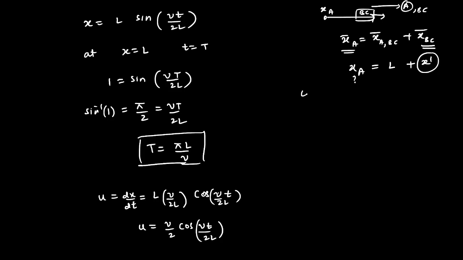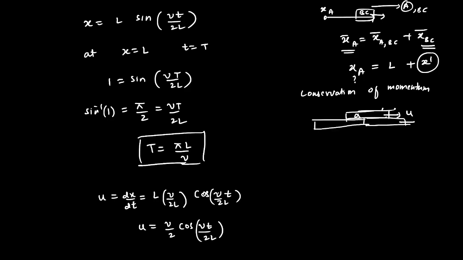We'll think of conservation of momentum. Using the logic of conservation of momentum here, imagine that at some instant of time our A is moving with u speed, and B and C are moving with some speed.